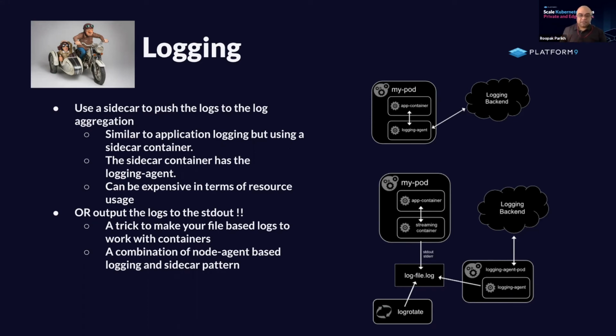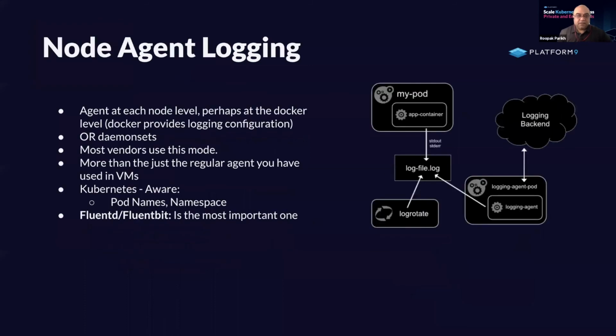When it does, all those logs are captured on the disk, and then the logging agent picks them up and sends them to the logging backend. So that's another way.